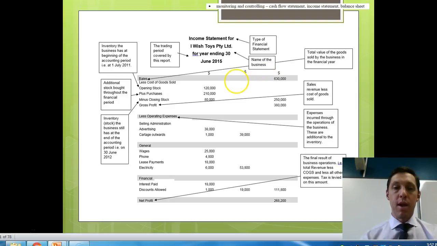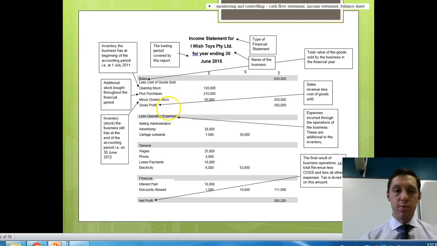Okay, then we need to calculate cost of goods sold. So what did it cost the business to be able to make these $630,000 worth of sales? Well, how do we work that out? Well, we start with our opening stock. So at the 1st of July 2014, this business had $120,000 worth of stock. Over the course of the 12-month period, from 1 July 2014 to 30th of June 2015, they purchased an additional $210,000 worth of stock.